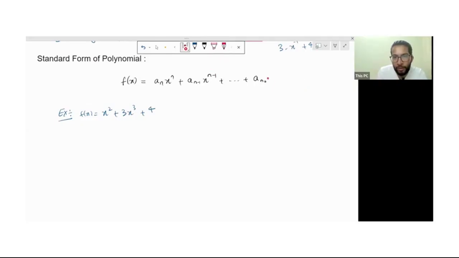After that we get up to x to power 0, which is 1. Okay, so we can write this one as 3x cube plus x square plus 4. Now it is in the standard form. Okay, so that's the thing which is covered in the topic standard form of polynomial.